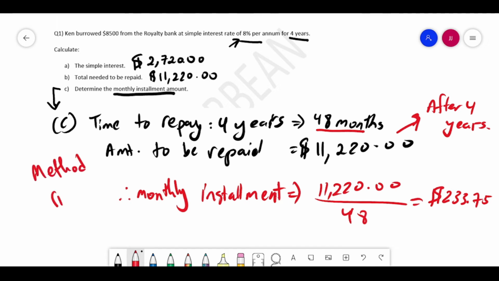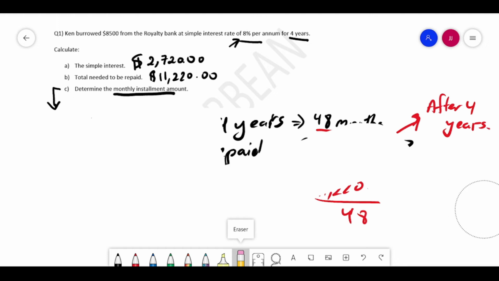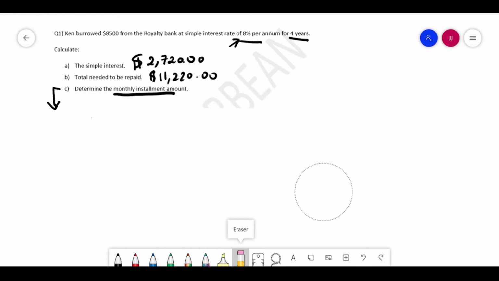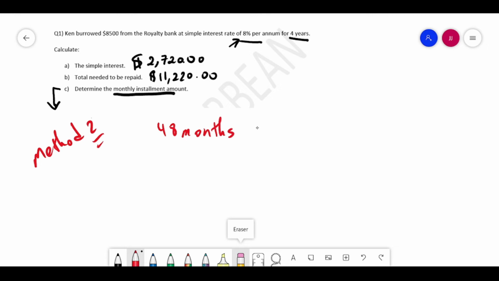Method 1. Let's see another method. Perhaps it might be easier for you. The other method, method 2. We know 48 months will be equal to $11,220 to be repaid. So therefore, 1 month.